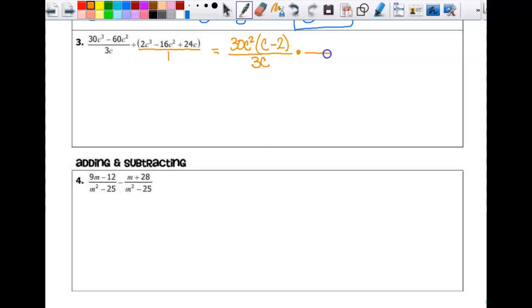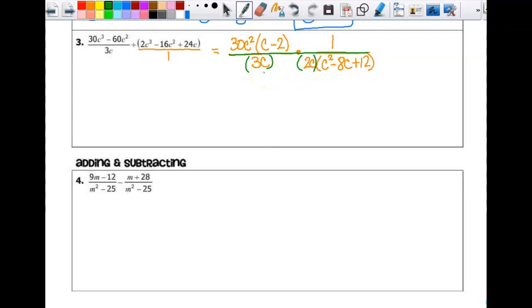Times, and then I use the reciprocal, so now 1 is my numerator. In the denominator, I can factor out a GCF of 2c, and that leaves me with c squared minus 8c plus 12. Okay, and remember, we're multiplying, so that's like one big fraction, and all this can just be multiplied together, right?